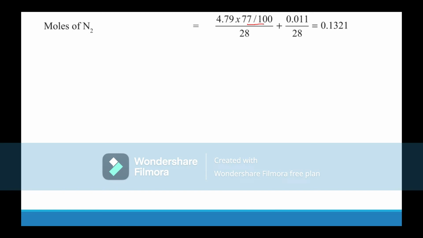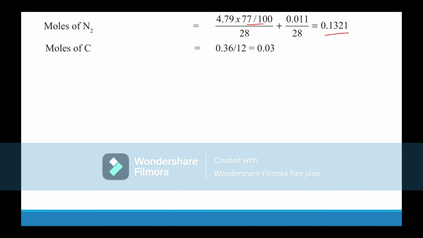Therefore, the 4.79 theoretical air has 77% alone as nitrogen, so that fraction is multiplied with the theoretical air requirement, then divided by 28, plus 0.011 which is available in the fuel. Finally we get moles of N2 equal to 0.1321.